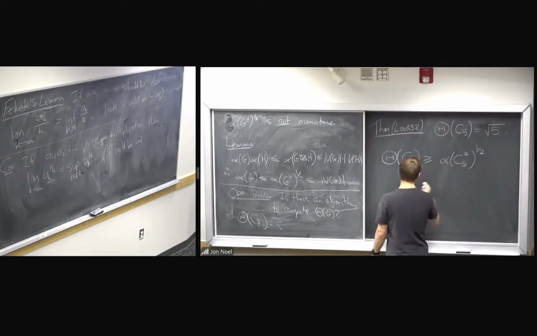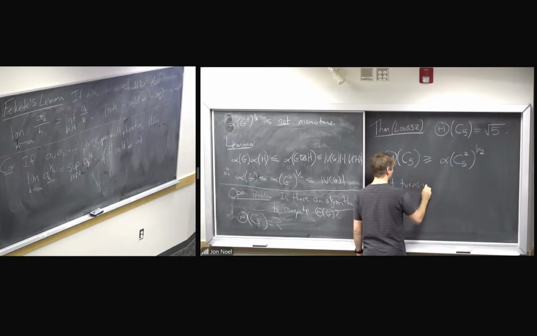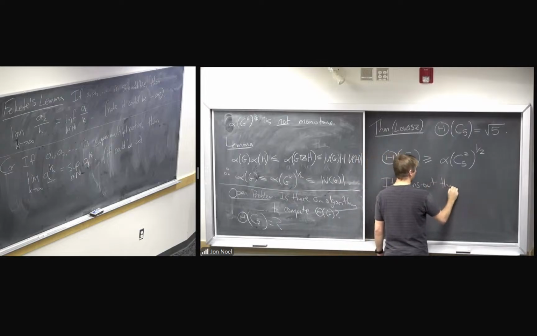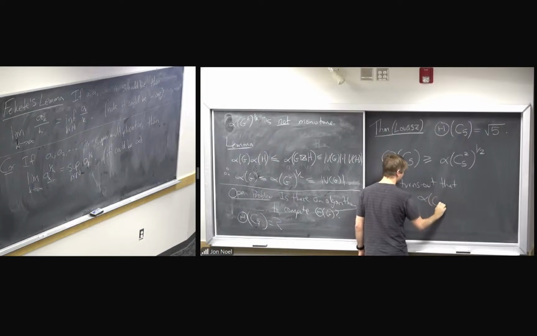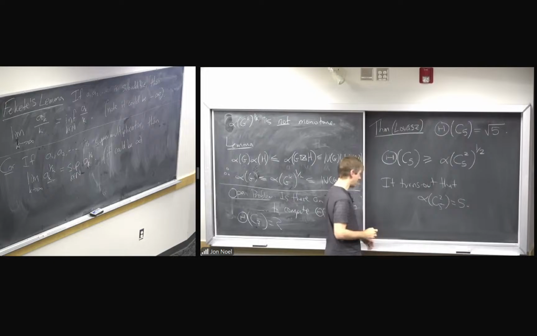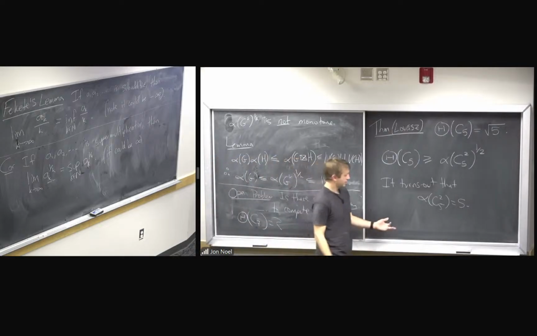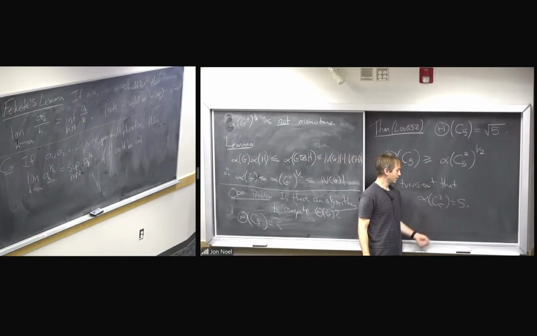And it turns out that the independence number of this thing is 5. In fact, there's another assignment question for assignment 6 where you're going to prove a more general version of this.